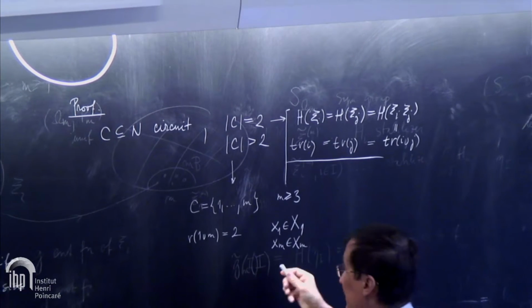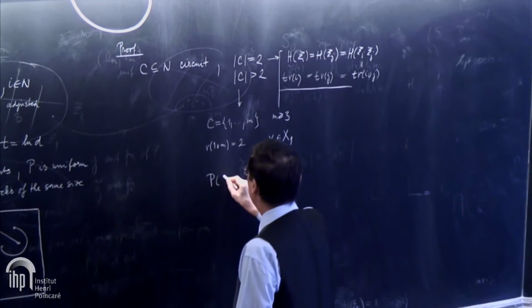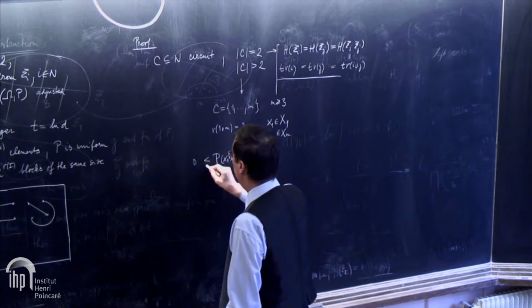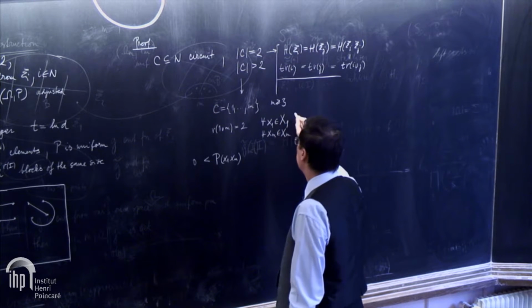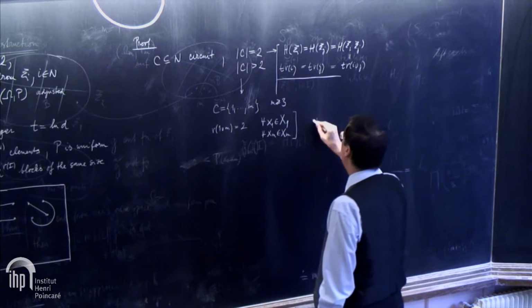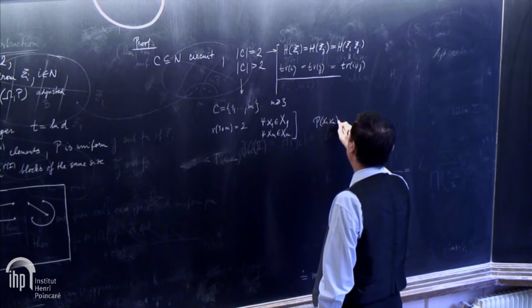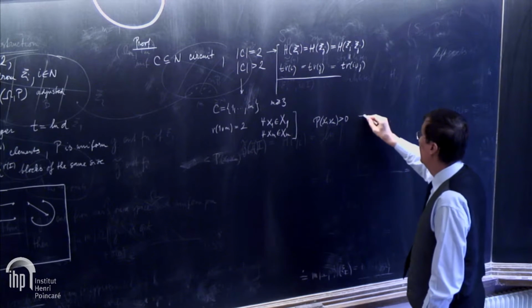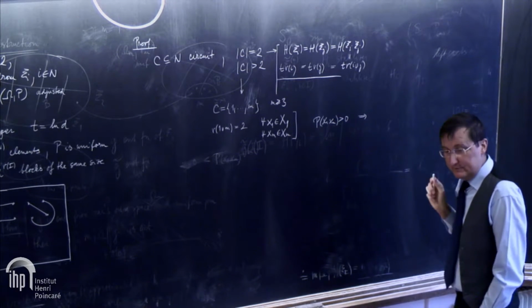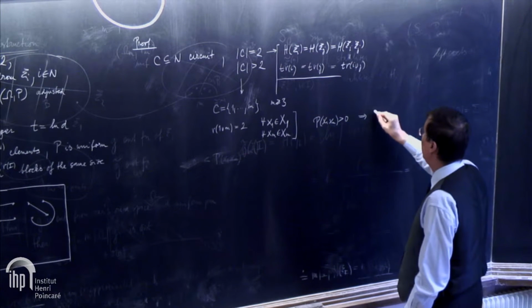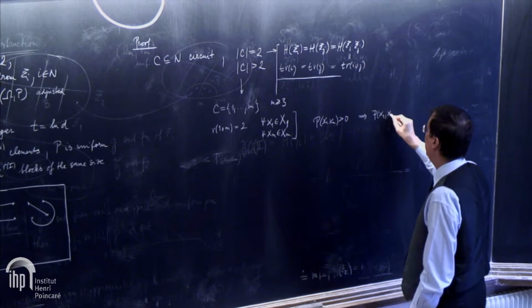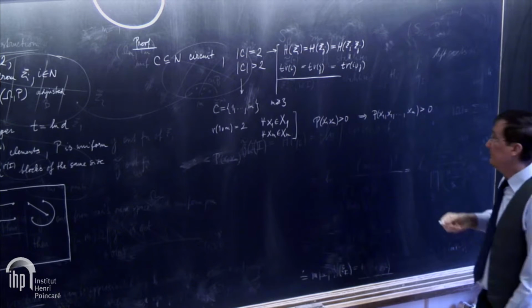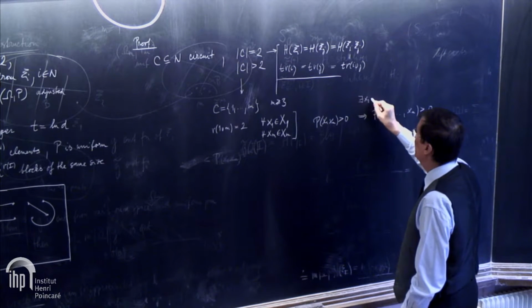So the probability of x_1, x_m is positive for every such pair. Since this probability is positive, I can plug in some other values in between and have the probability positive. That means there exist x_2, etc.